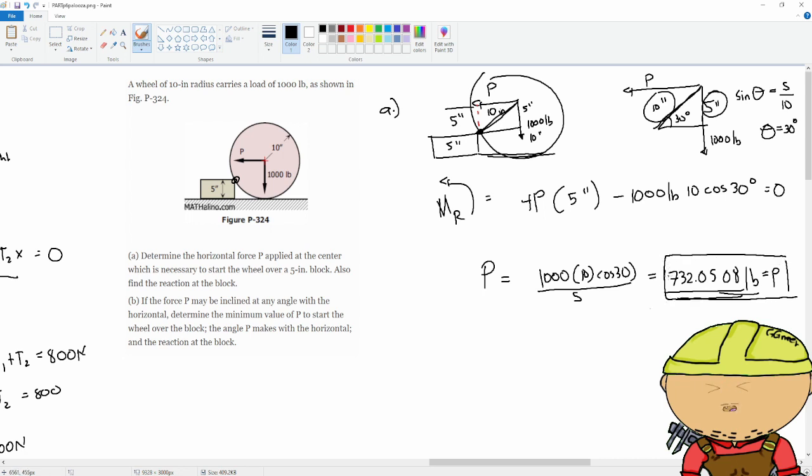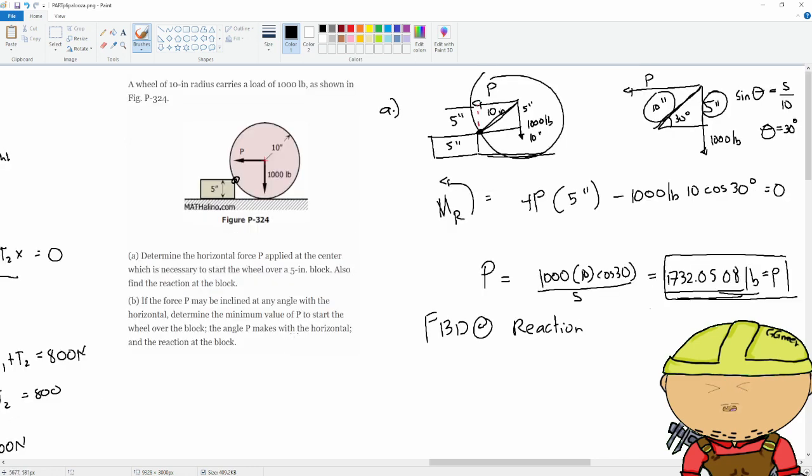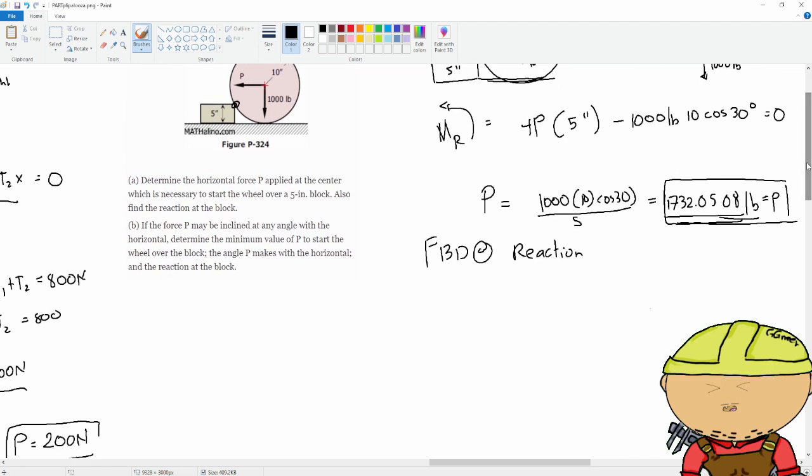Alright, and we can do an FBD at the reaction. If the reaction is to be normal force, the reaction will be here.